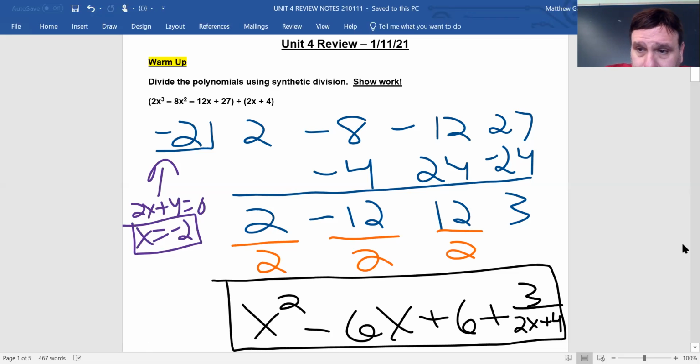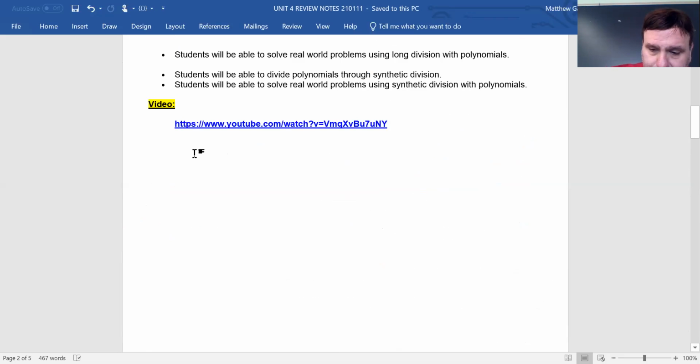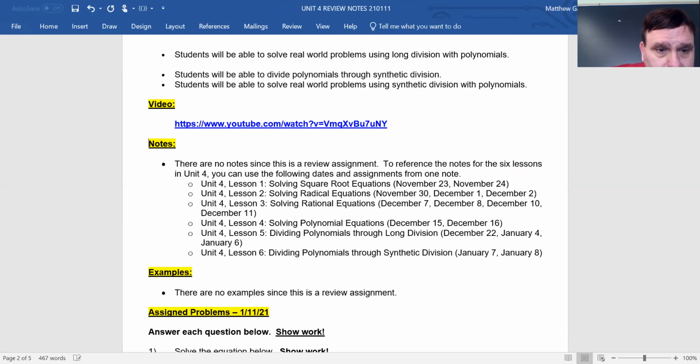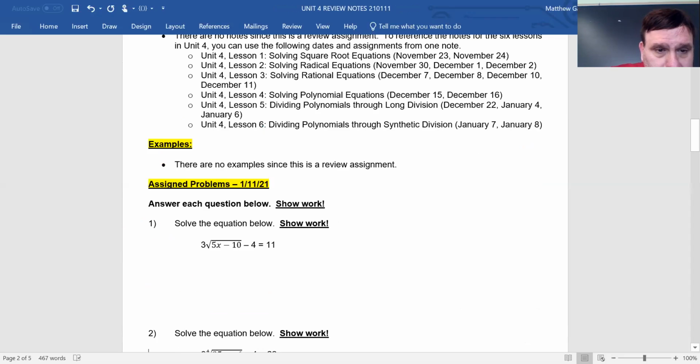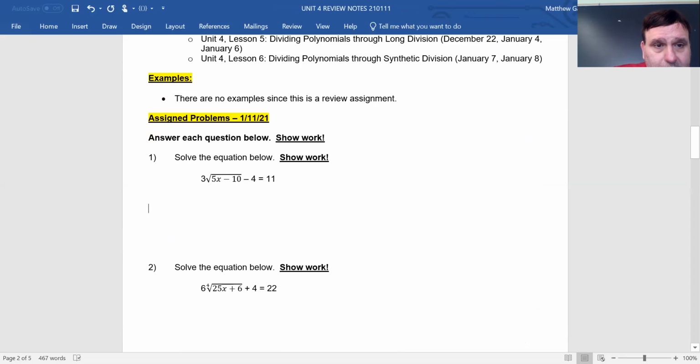In the review questions, just to preview them quickly, let's start here. In the first assigned problem, we have a square root equation. The first 5 or so of these are just equation solving.